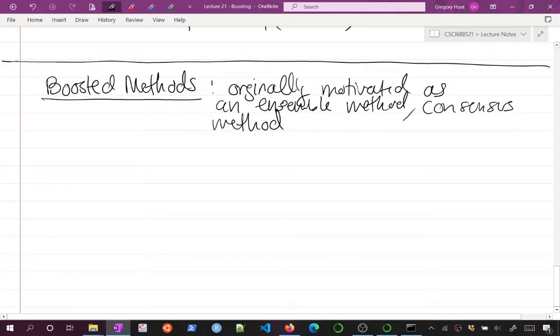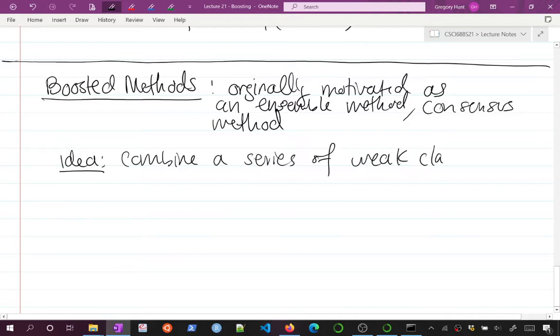And the idea there is, can we combine a series of weak classifiers, let's just say weak methods, because you can do it for regression or classification. It was originally motivated with classification.